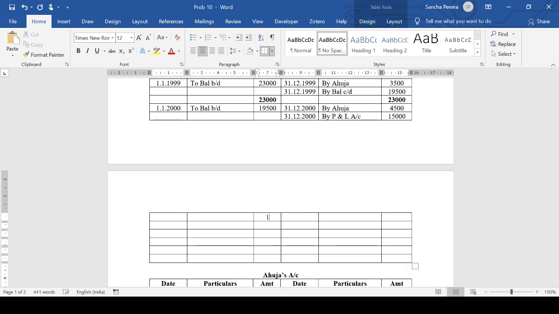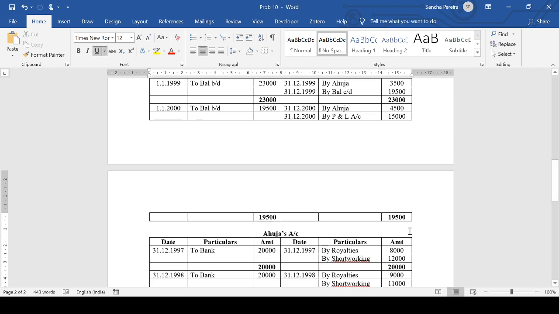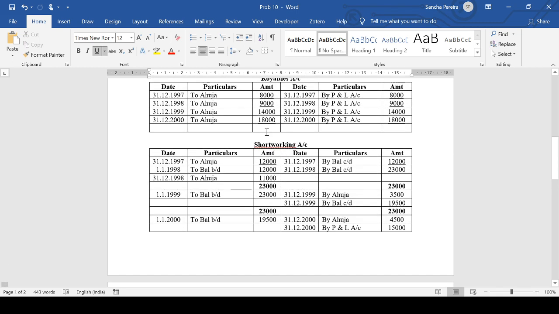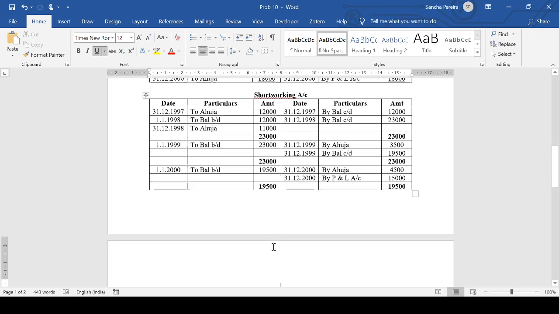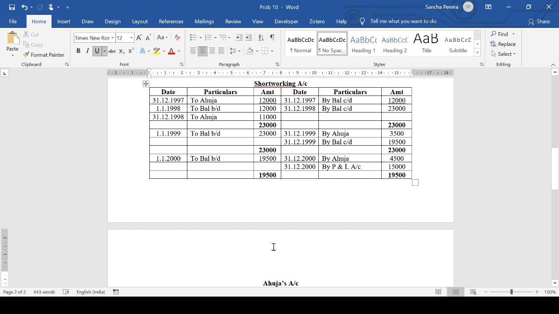This comes to 19,500. Both sides will be 19,500. And you see, this one also tallies. So they all close. So this is problem 10.